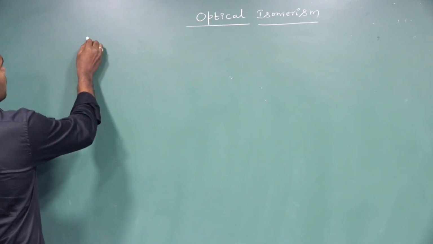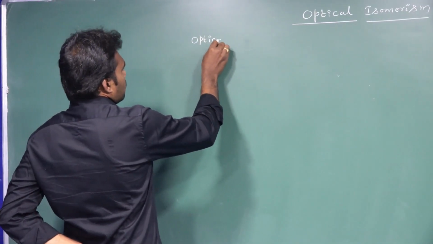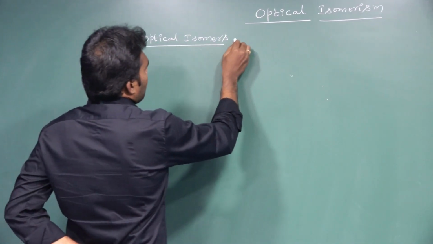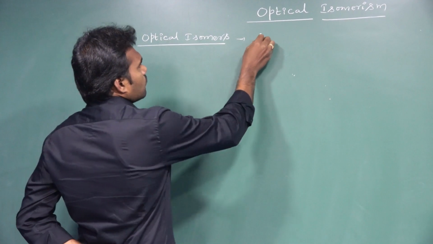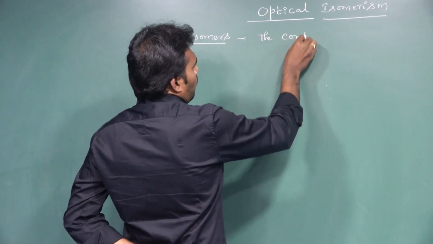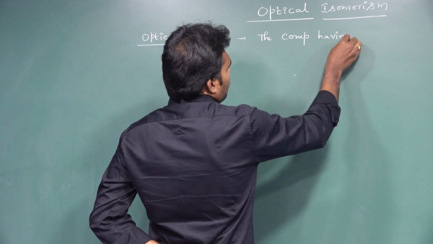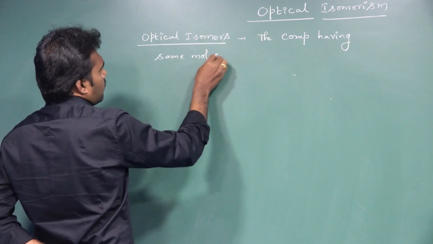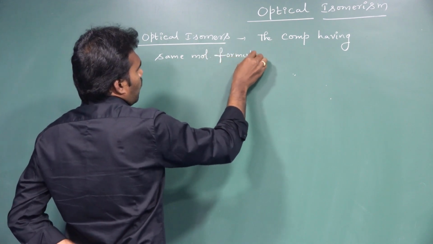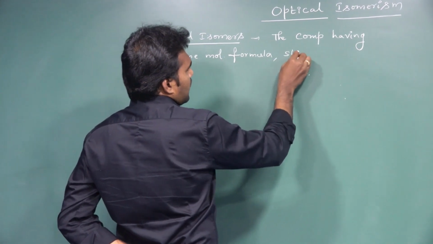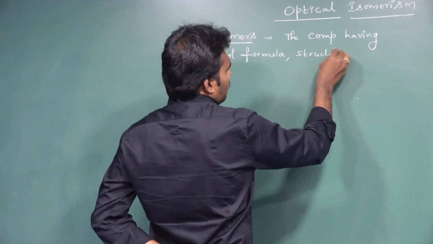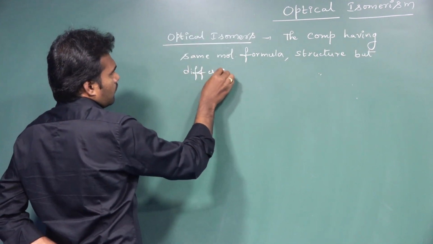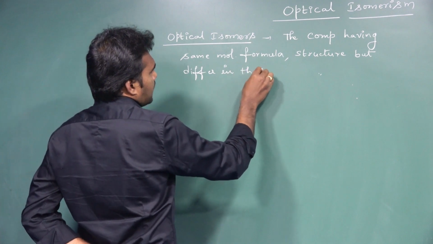So first of all, optical isomers. Optical isomers are nothing but the compounds having the same molecular formula, same structure as well, but differ in their optical activity.